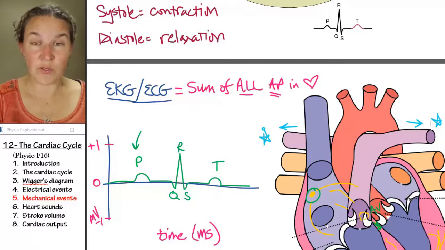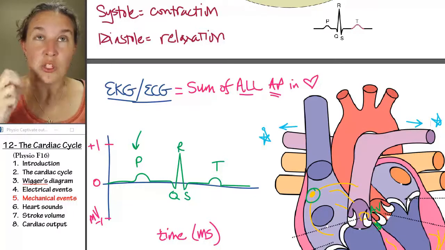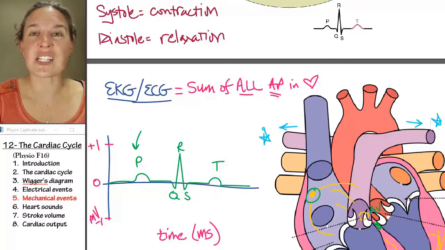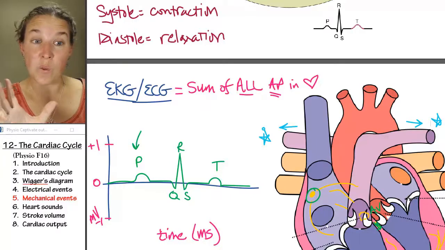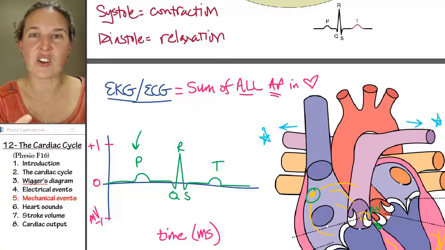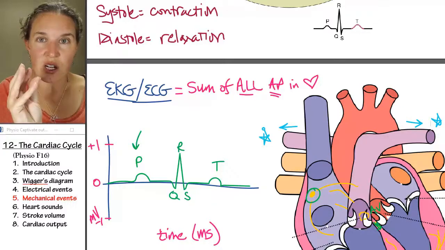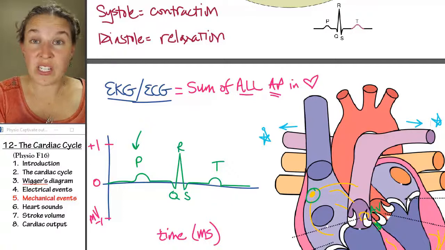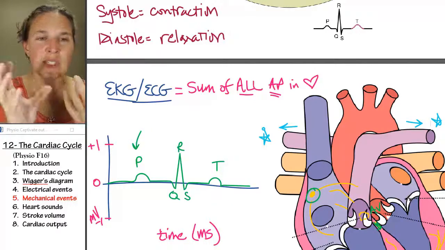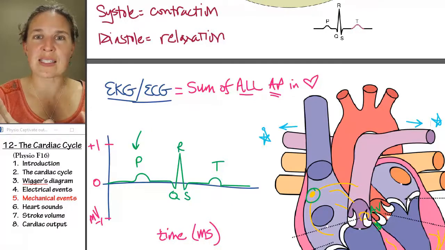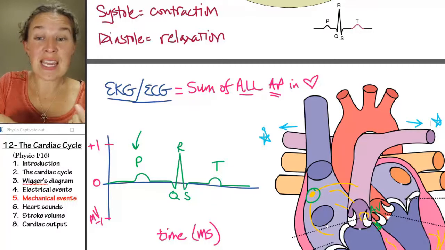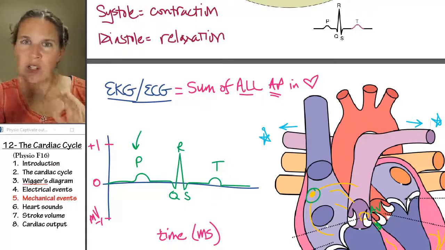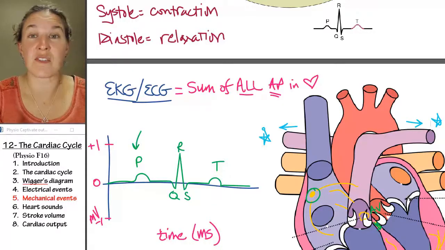Systole refers to contraction. So if we're going to talk about ventricular systole, we're going to talk about the events, the things that are going on when the ventricles are contracting. We also can talk about ventricular diastole, what happens when the ventricles relax. And at what stage does all this depolarization, repolarization stuff happen?